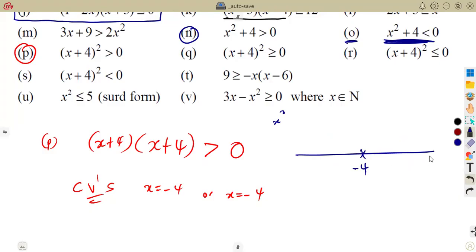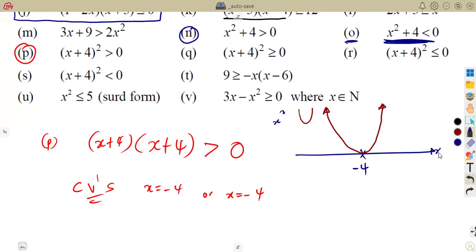So this is the type of function which has a solution at minus 4, and that minus 4 is also a turning point. Remember, it's supposed to be a smiley shape. The minus 4 is a solution, and it's also a turning point. This is how our function is going to be.